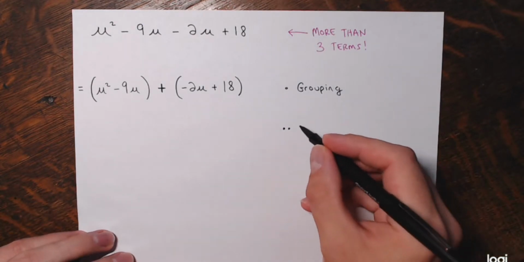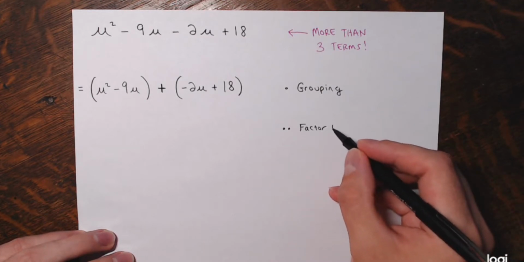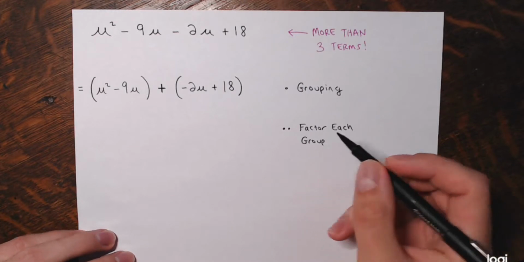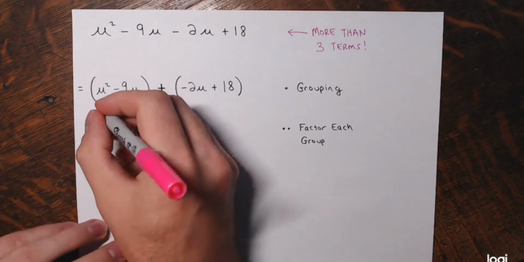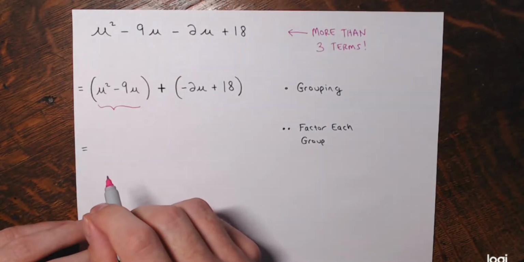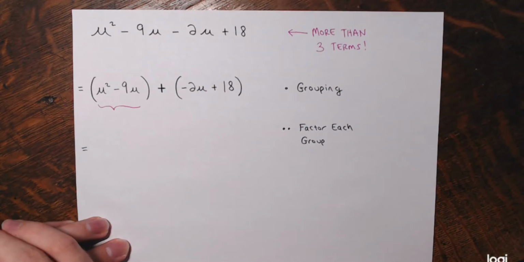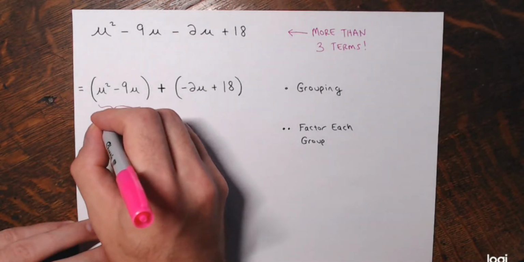Then we factor each group individually, right? Factor each group. So if you look at the first group, u squared minus 9u, right? Well, when you factor, right, I guess I should have said it in the beginning, but the first thing you should look for when factoring anything is the greatest common factor, sometimes referred to as the GCF.